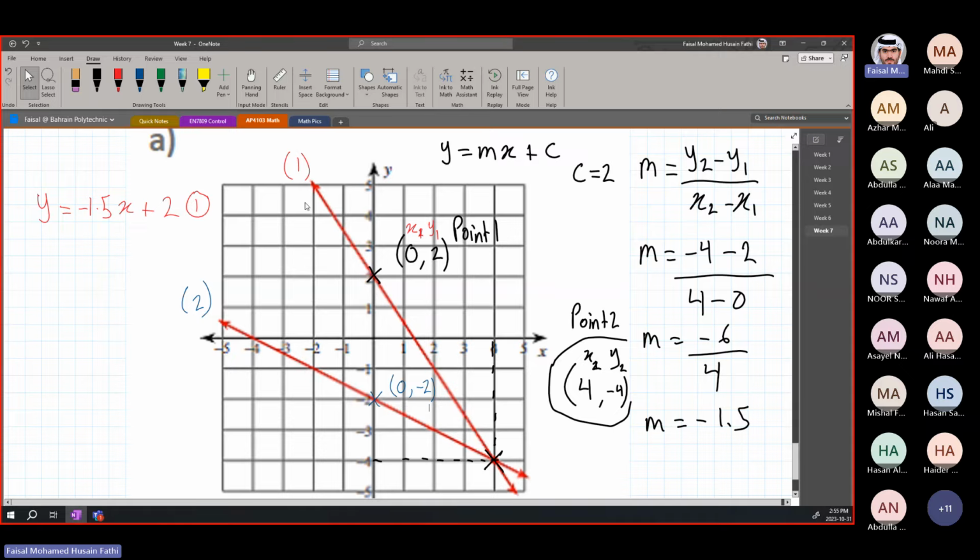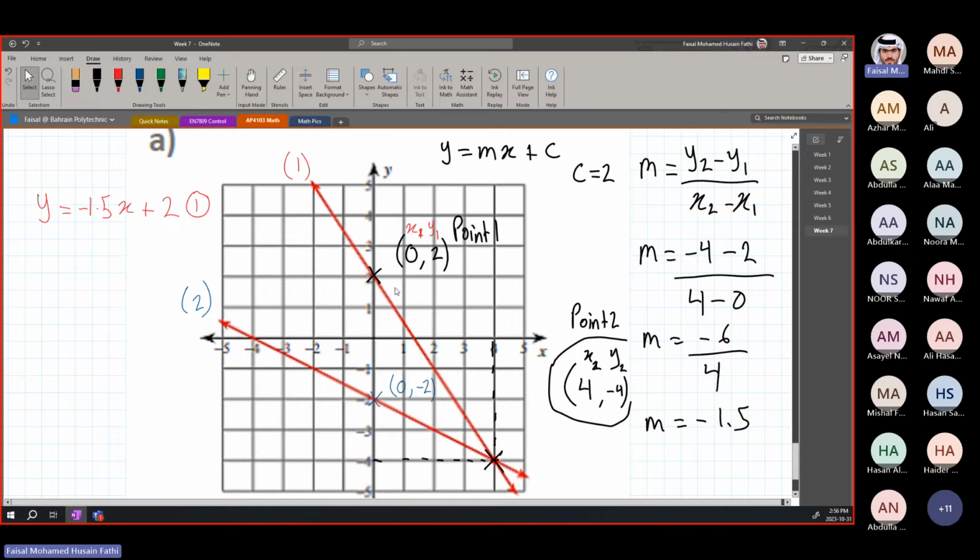You have to just choose any point along the line. I chose it because it's the y-intercept of equation 1, because x is equal to 0, so y1, or the y-intercept, equals 2. So it's easy to find the number for c in one step, in one go.